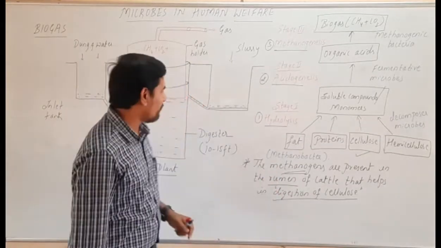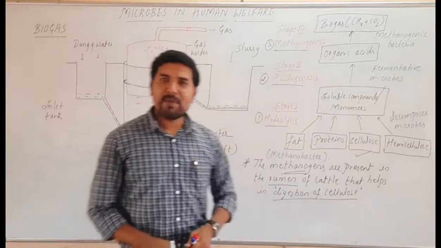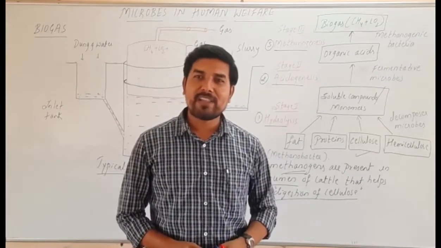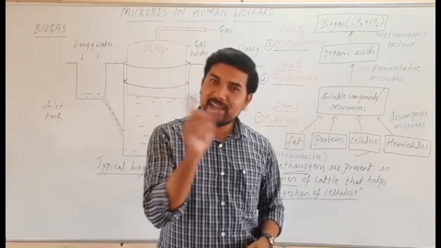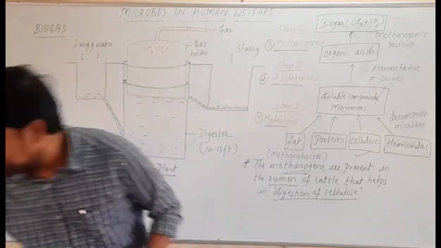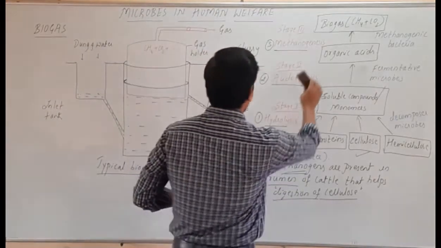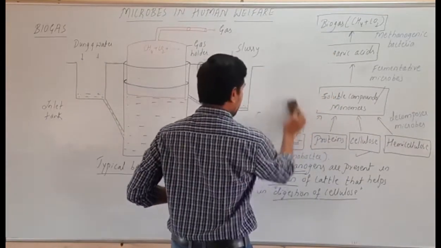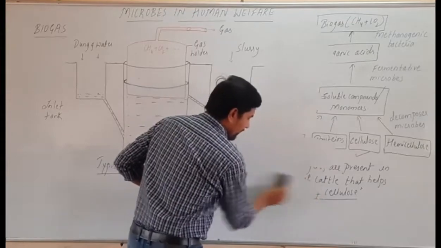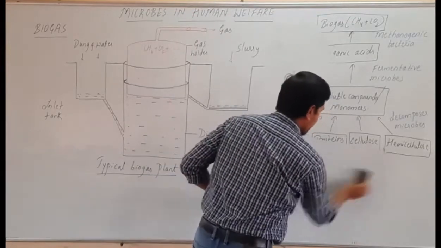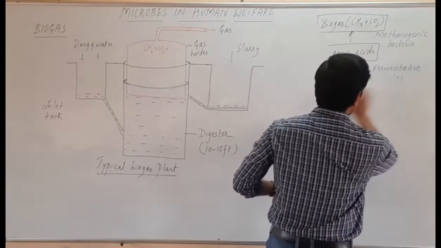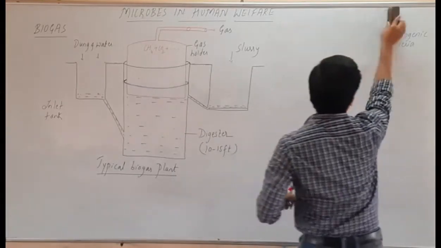Now regarding the part of the biogas, let us look at the part where it was initiated. These biogas plants, we don't find them in the cities, we find them in the rural areas.